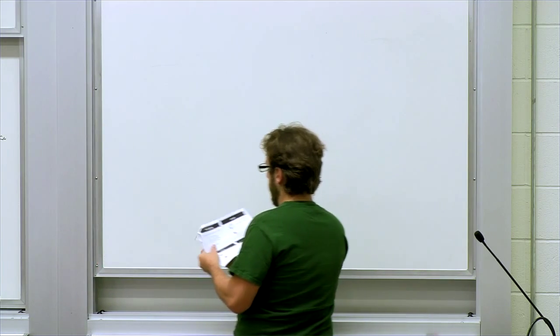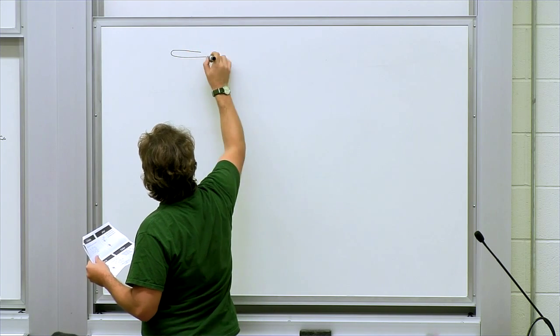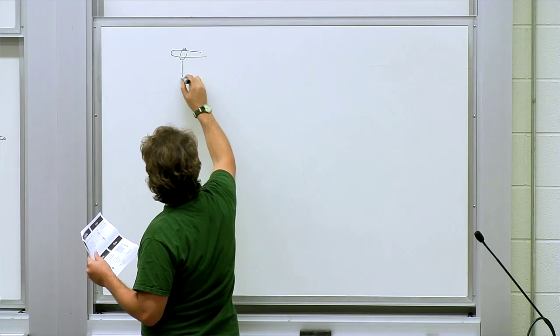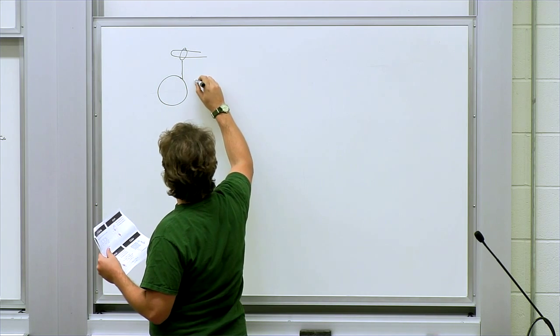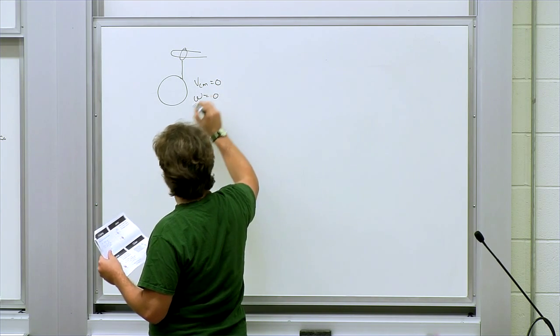So for example, you have a yo-yo. Okay, use your finger. Right? You have a yo-yo here. It starts here with 0 velocity, VCM equals 0, omega equals 0.